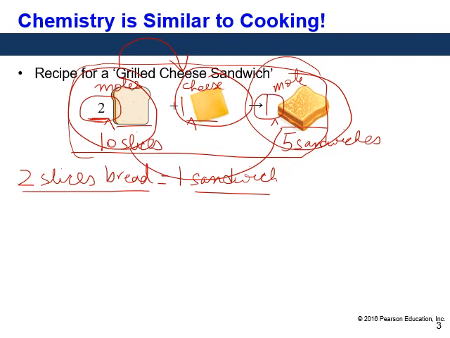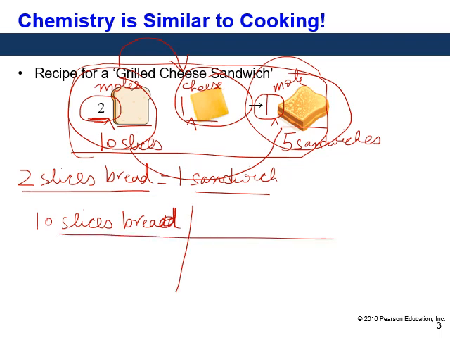And now if I tell you you have 10 slices of bread, and we are trying to figure out how many sandwiches, this is my conversion factor. I have slices of bread up here. This is going back to dimensional analysis. So I'll put slices of bread in the bottom, so that whatever is your starting unit cancels out.